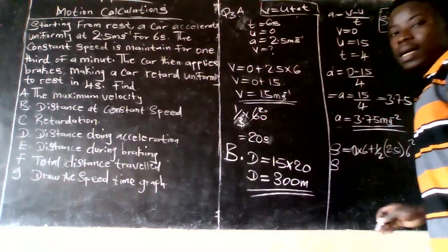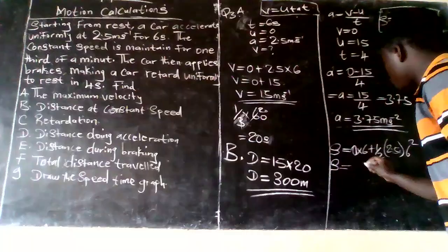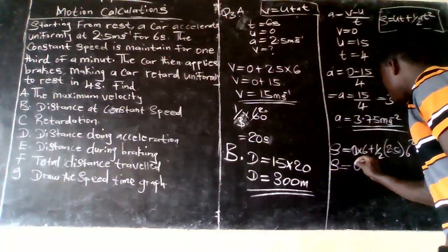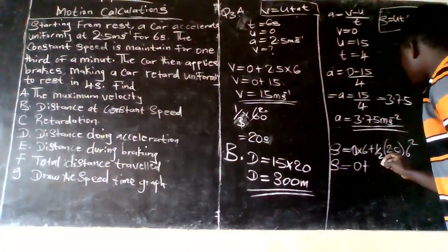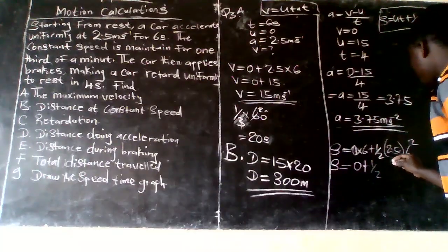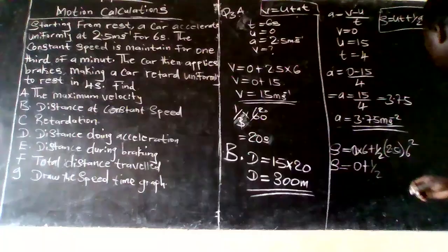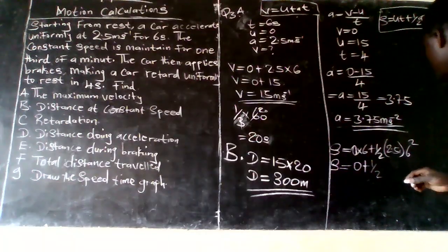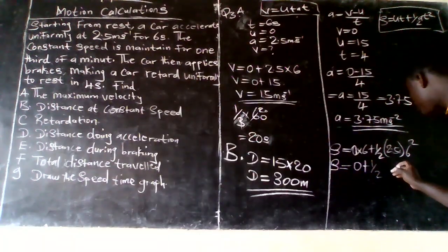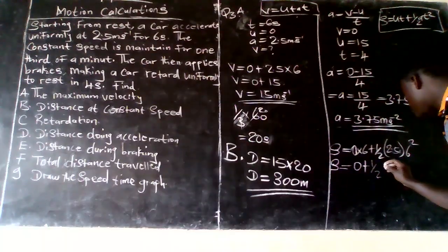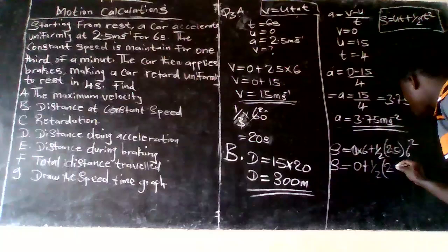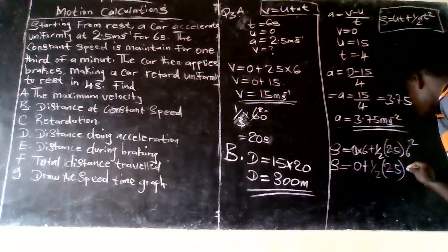So S here equals 0 times 6, which is 0, plus half, and 6 raised to power 2 is 36. So we have 2.5 times 36.